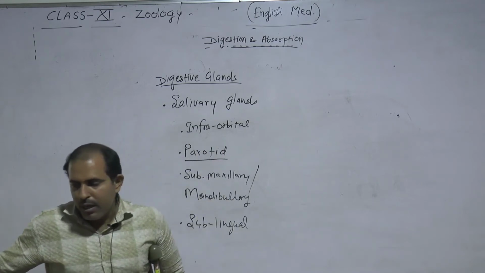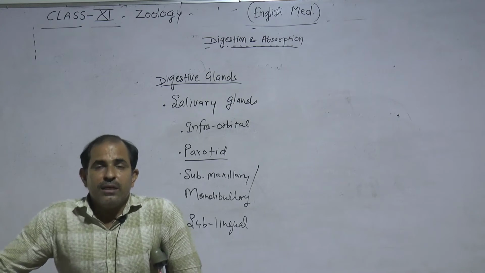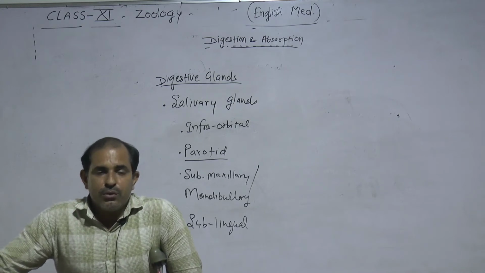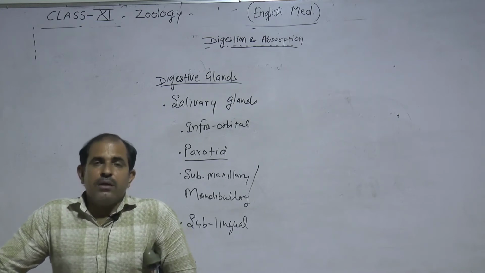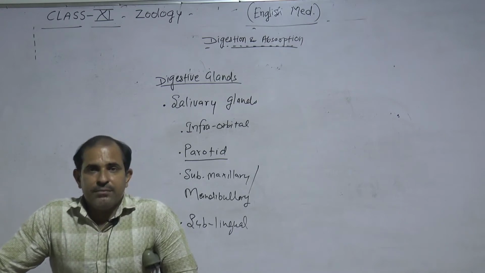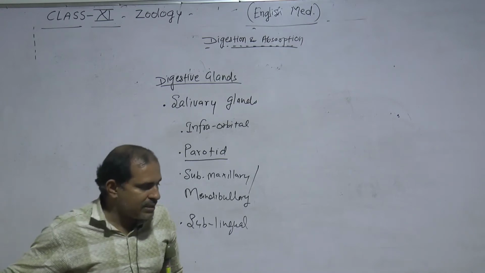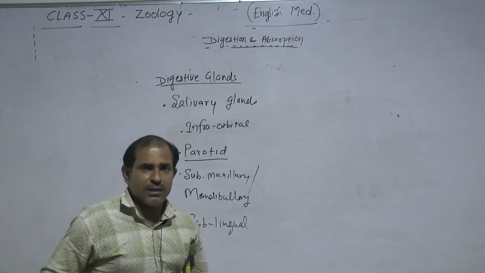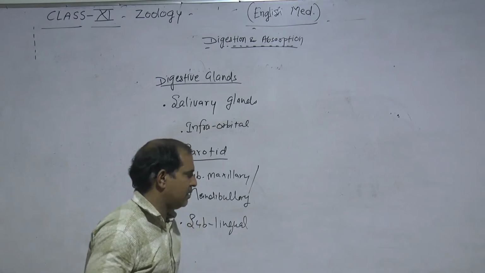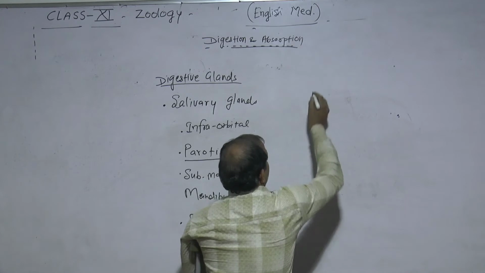These glands are exocrine glands, so they secrete through ducts into the buccal cavity, and the secretion of all these salivary glands is called saliva.